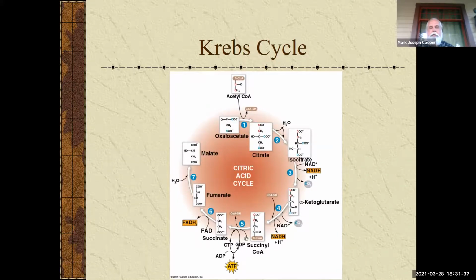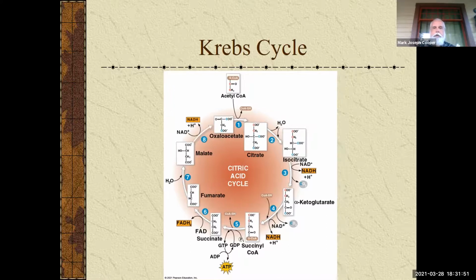So going from fumarate to malate, you add a water. Again, a 4-carbon sugar. And then to go from malate back to OAA or oxaloacetate, we get another NADH.